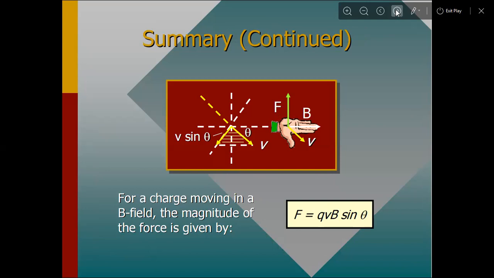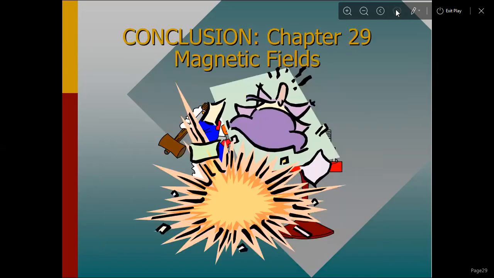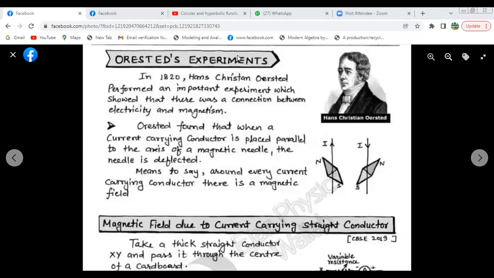Now we will discuss, this is the ending of the chapter on magnetic field. This is a great scientist who discovered the relation between electricity and magnetism in 1820.